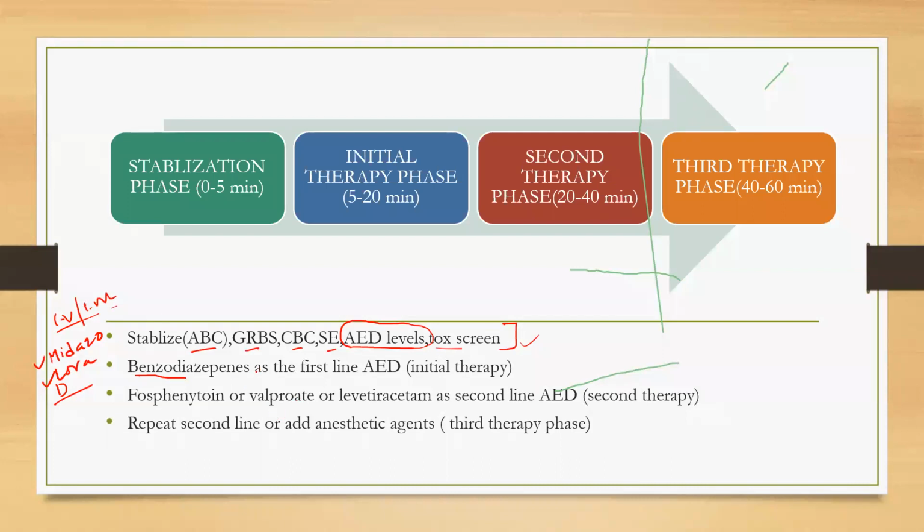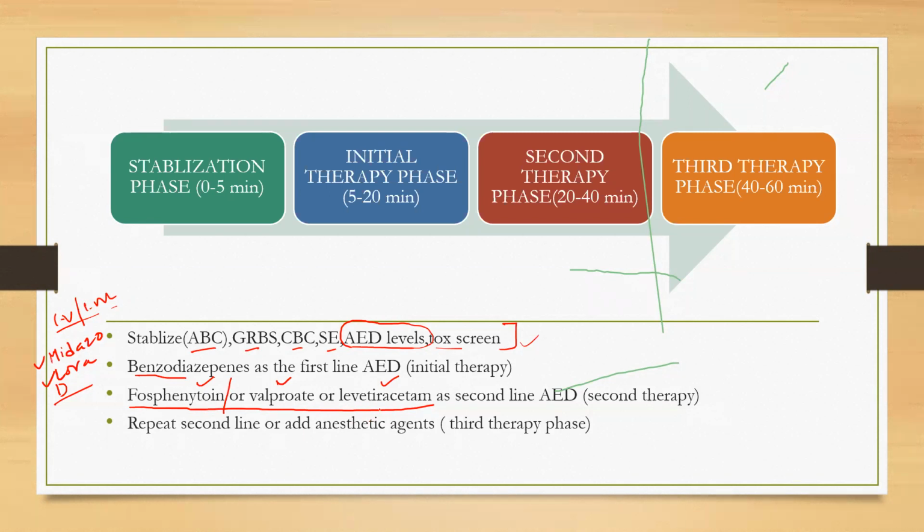After aborting the seizure with a short-acting benzodiazepine, you start the patient on a first-line anti-epileptic agent. There is no evidence of which drug is superior over the other. All three are equally effective. So you can start fosphenytoin or valproate or levetiracetam. Fosphenytoin is not available in India, so we replace it with phenytoin, though it has some disadvantages.